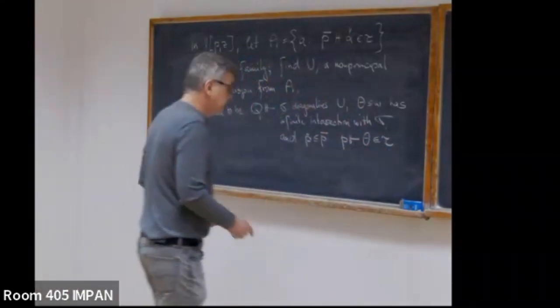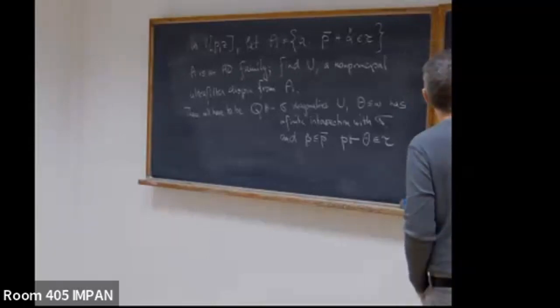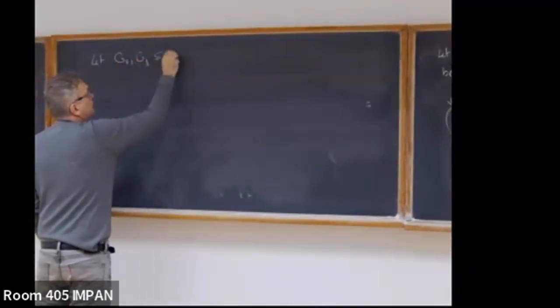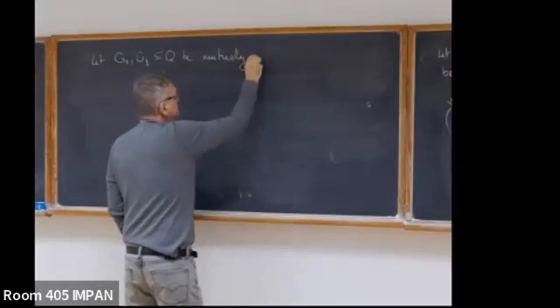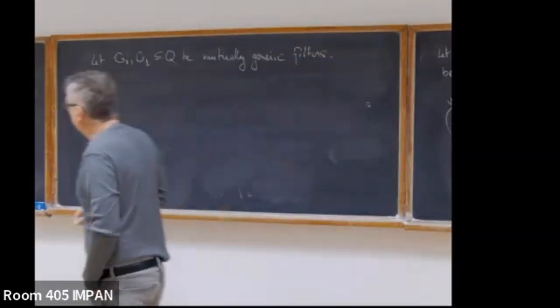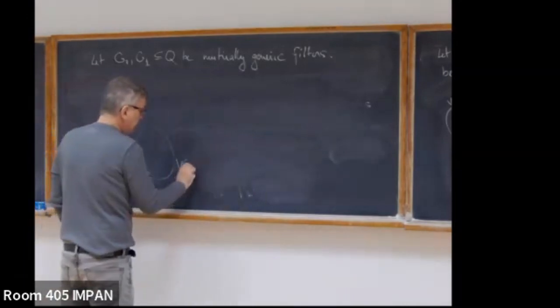Now let G0 and G1 be mutually generic. Okay, I look into the check. Here is small d.